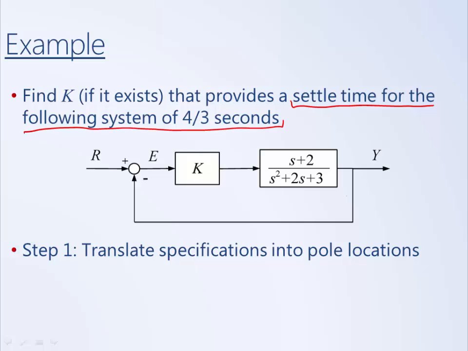Okay, so specifically, settling time is approximately equal to 4 divided by sigma, and we would like the settling time to be 4/3 seconds. So if we then solve this equation for sigma, we can bring the sigma to the right hand side. We can multiply through by the 3 and divide through by the 4, and then we get that sigma is equal to 3.